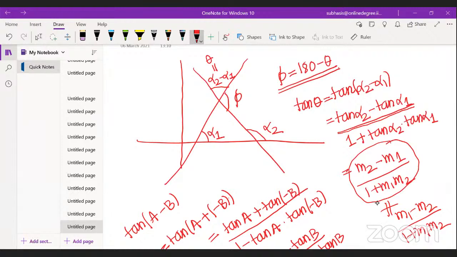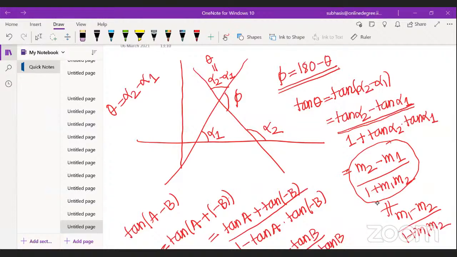And your fourth option is correct, because what is your theta? Theta is basically alpha 2 minus alpha 1. So tan theta is basically... Please repeat option 1. See, what is your option 1?